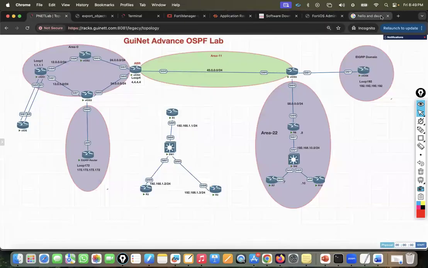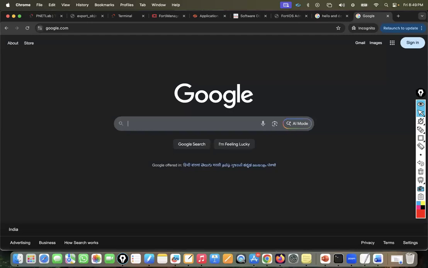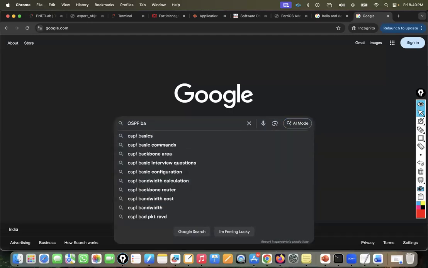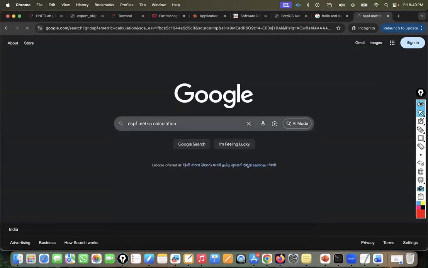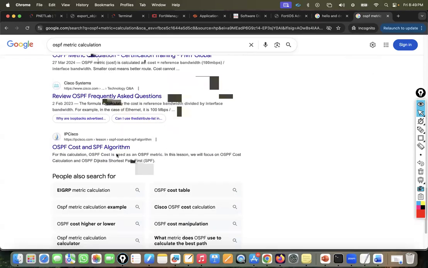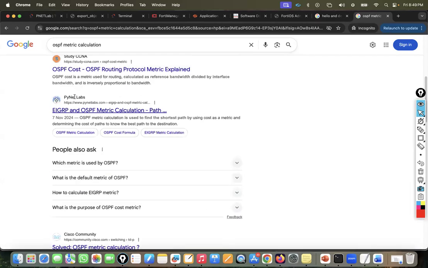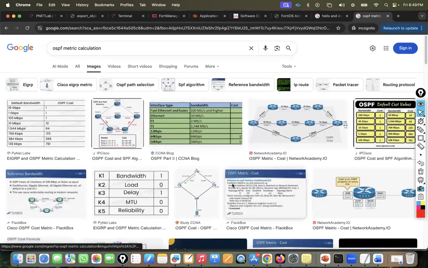So if I go here, OSPF metric calculations, let me show you the table.